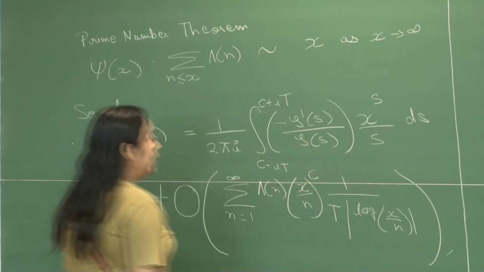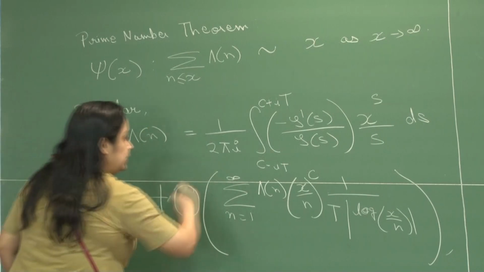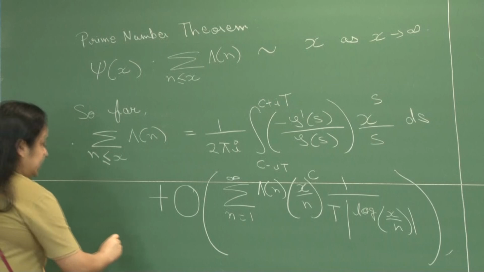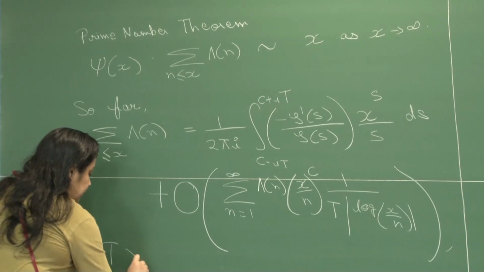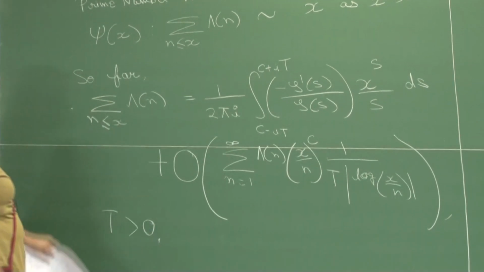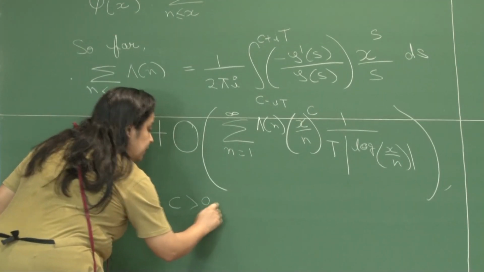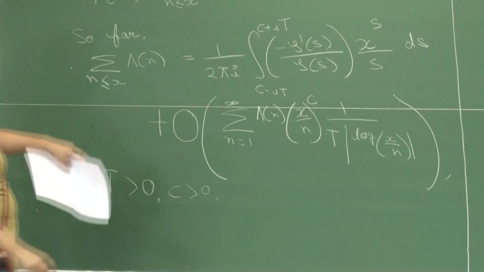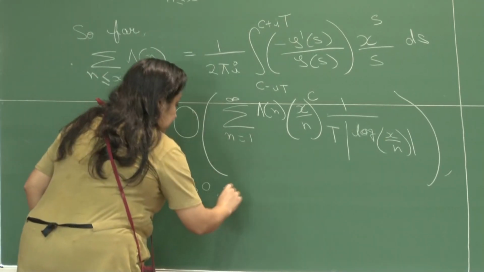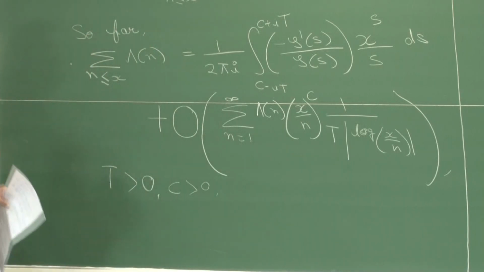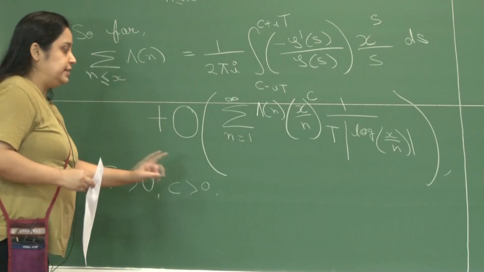the error term, and this holds basically for any c and T. What are the restrictions on c and T? T is something positive, c is also something positive, but with the restriction that, in fact, we want this series to be absolutely convergent for real part of s equal to c.